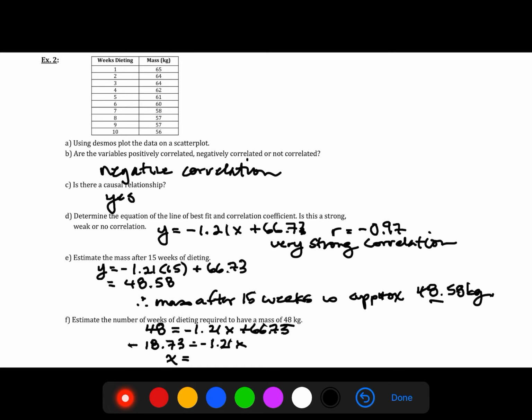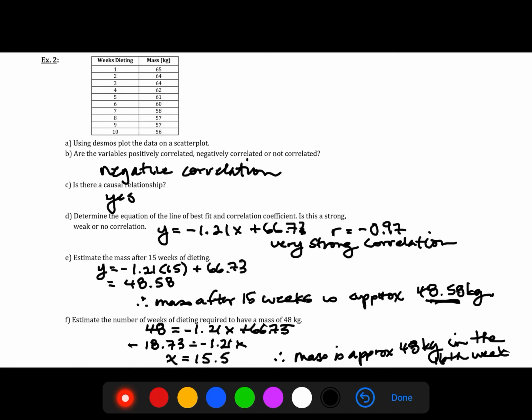When we subtract 66.73 on the other side, we get -18.73. And then we're going to divide both sides by -1.21. And when we do that, we get 15.5, which makes sense. We said 15, it's just a little above 48.